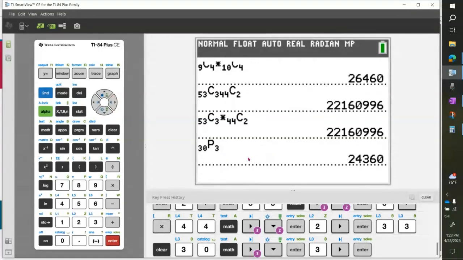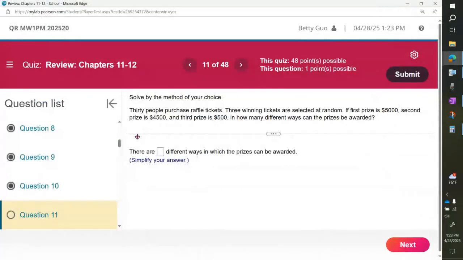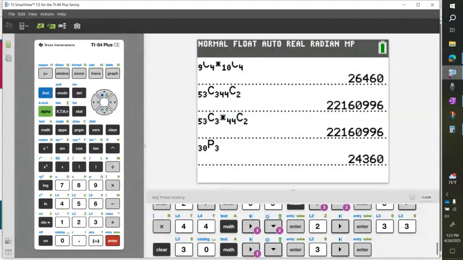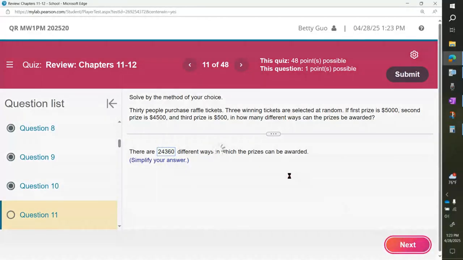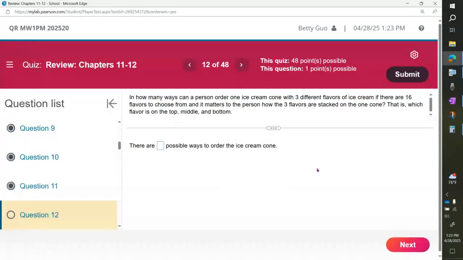You never know, sometimes you make a mistake unconsciously. Here 30 people purchase raffle tickets. 30 is the total number of items, and then 3. So P 30 3 is 24,360. Next.